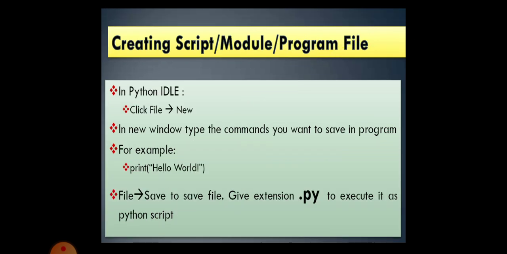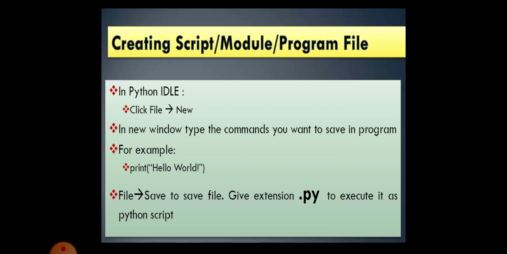How to create a script or a program or a module in Python? First, you need to go to the Start button, then All Programs, then Python IDLE, then choose New, and within that you will get a new window for adding the script. In the new window, type the commands you want to save as the program.